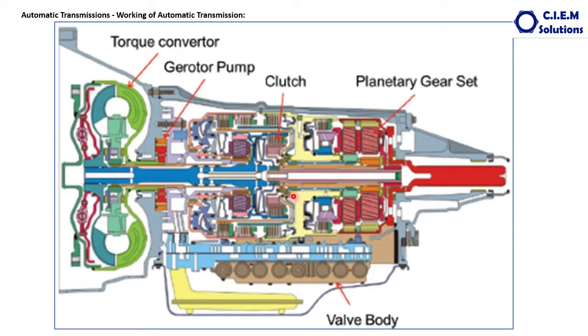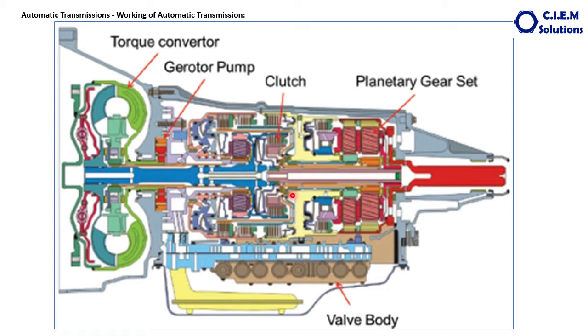To start with, in this video, I will be talking about the basic functions of some of the critical parts in the automatic transmission and how an automatic transmission works. So an automatic transmission does exactly the same job as the mechanical gearbox in a vehicle, but its operation is entirely different.